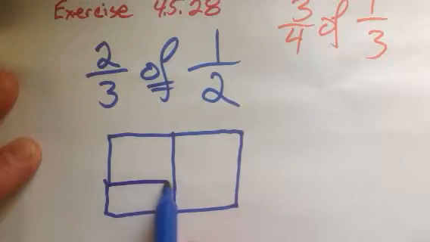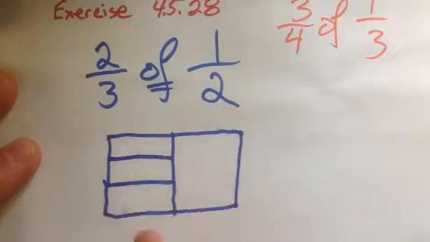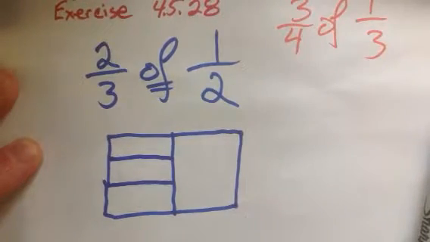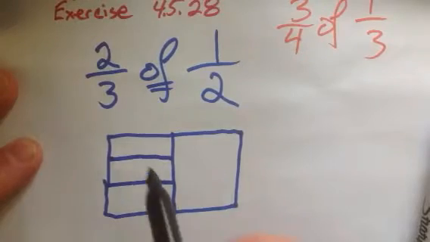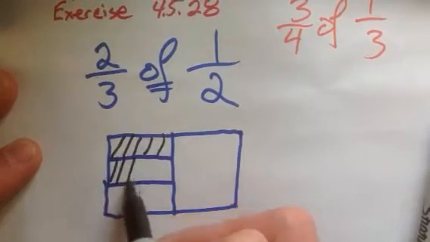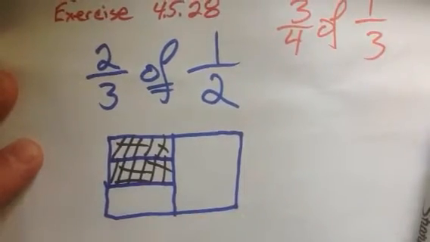So I want to break this 1/2 into 3 different equal parts, and then I will identify two thirds. Now this is 1/3, this is 2/3. So 2/3 of that 1/2.